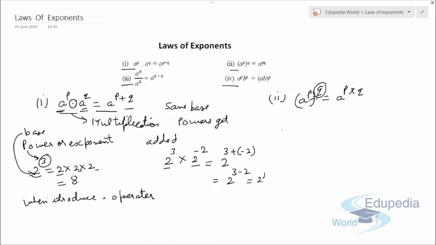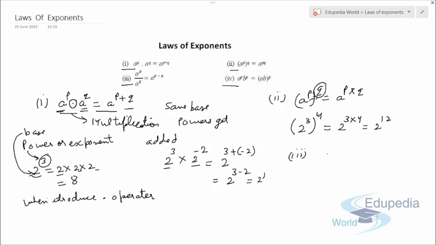Let me explain this through an example. Suppose we have 2 raised to power 3, and for this complete number we have again a higher power, which is 4. According to the law above, it can be written as 2 raised to power 3 into 4, or 2 raised to power 12. Means the powers get multiplied.